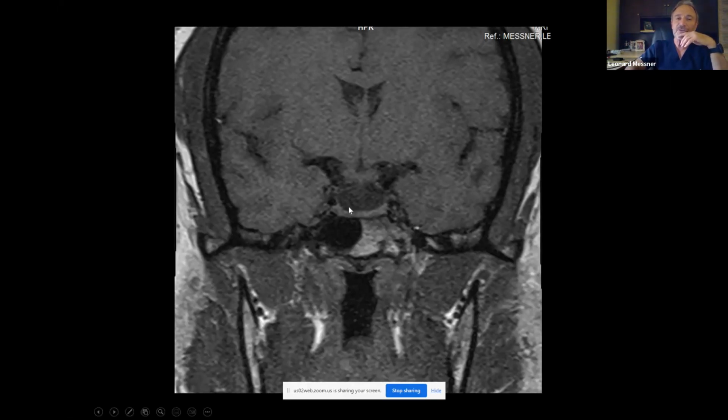Under normal circumstances, the pituitary gland is going to appear as somewhat of a flat top structure that occupies roughly a third of the lower portion of the sella. But here you can see that the entire sella has been expanded, and now the pituitary gland is flattened against the floor due to elevated intracranial pressure. And this is the chiasm, or the chiasmal bar, that we see suspended above this flattened pituitary gland.